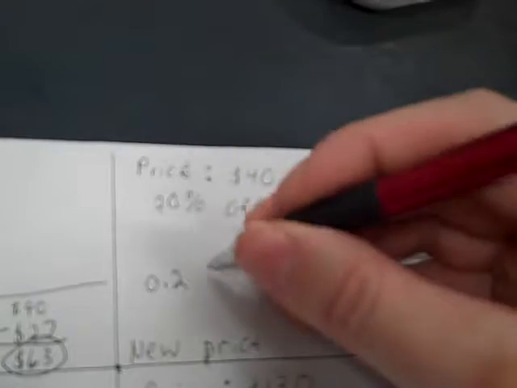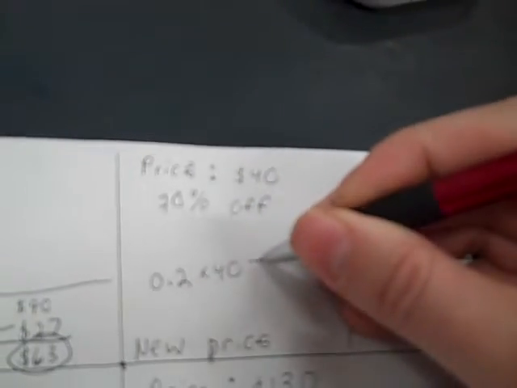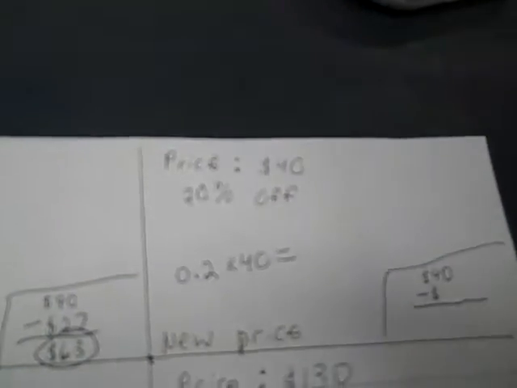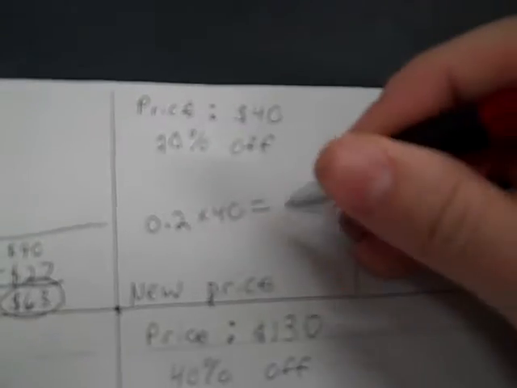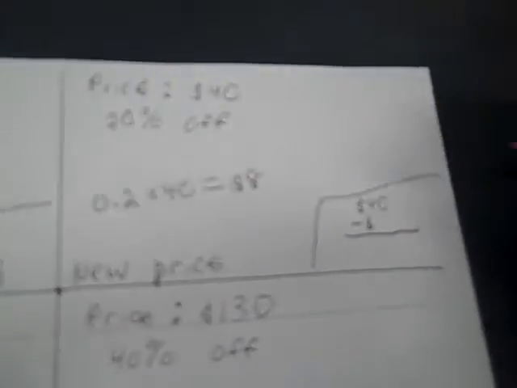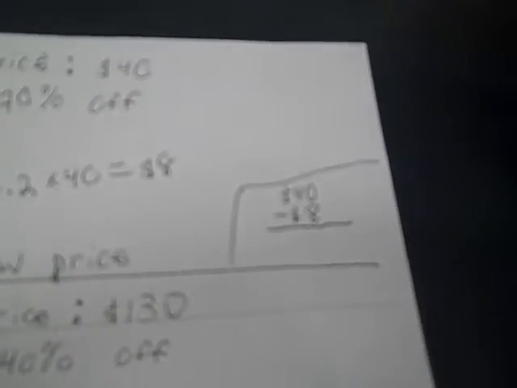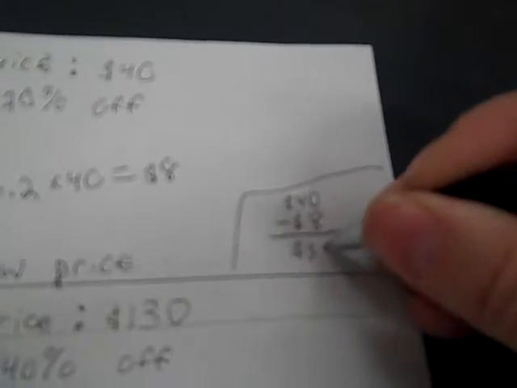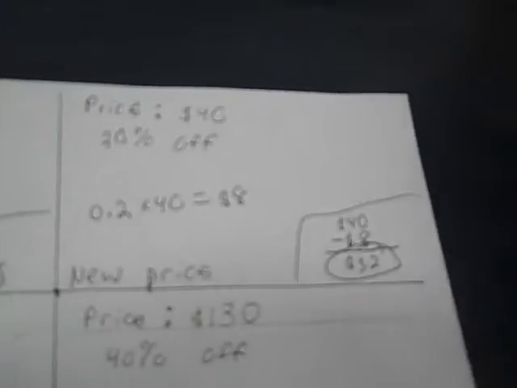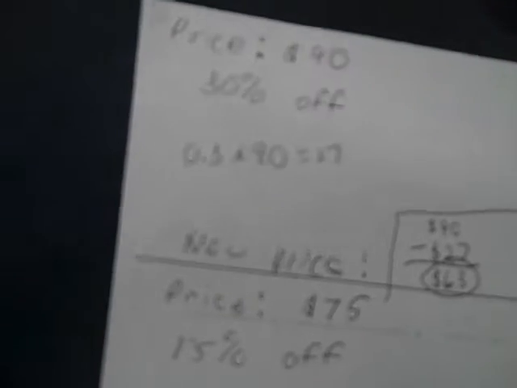Then I multiply by the price to find out how much money gets subtracted. 0.2 times 40 is 8. So I subtract $8, and 40 minus 8 is 32. That's your new price, $32.